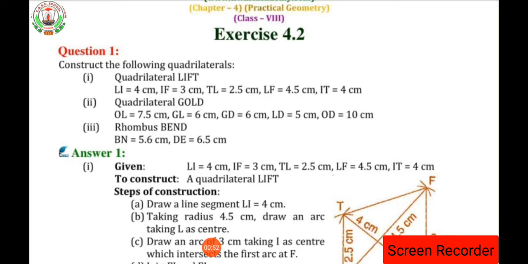And in the third question we have to draw a rhombus BEND, where BN is 5.6 centimeter and DE is 6.5 centimeter. So using these measurements we have to draw the quadrilateral LIFT, the second quadrilateral GOLD, and the third, rhombus BEND.